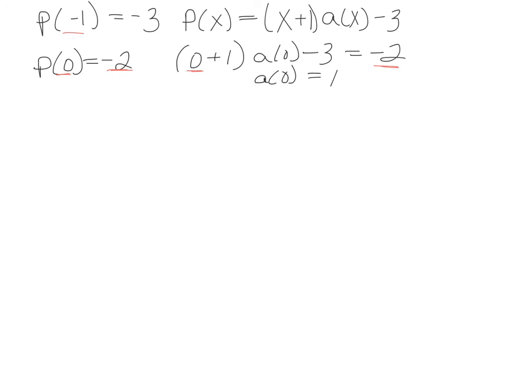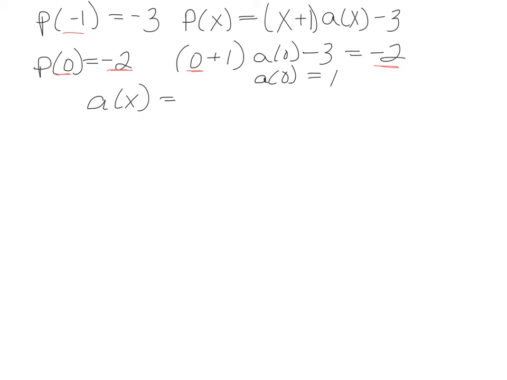Go ahead and rewrite what our a of x is. X times, hold on, x b of x plus 1. I'm actually going to erase that and make that my step 2. I don't want to miss a step here.